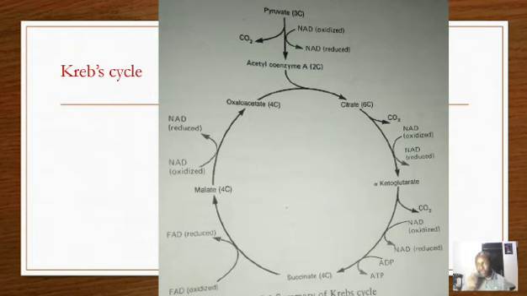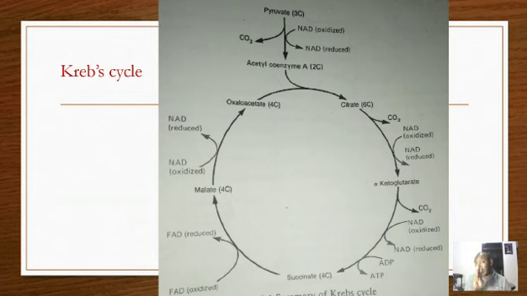Then, how many NADH2 are liberated in the Krebs cycle? Look at it. Count. We are seeing the first NADH2, citrate to alpha-ketoglutarate, that is 1. Alpha-ketoglutarate to succinate, those are 2. Malate to oxaloacetate, those are 3 NADH2.